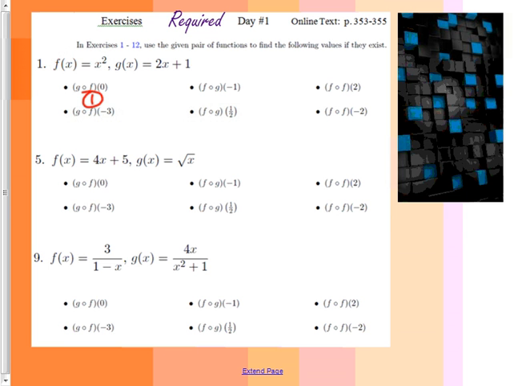F of g of -1. So really, you got to start with the g of -1, right? G of -1 would give me -2 plus 1 makes -1. F of -1 then, go stick the -1 into that function. -1 squared is 1.